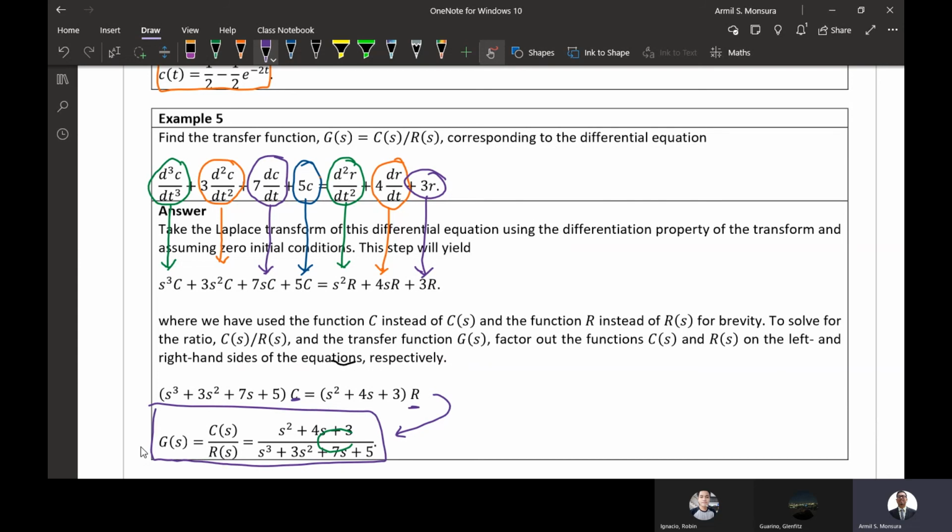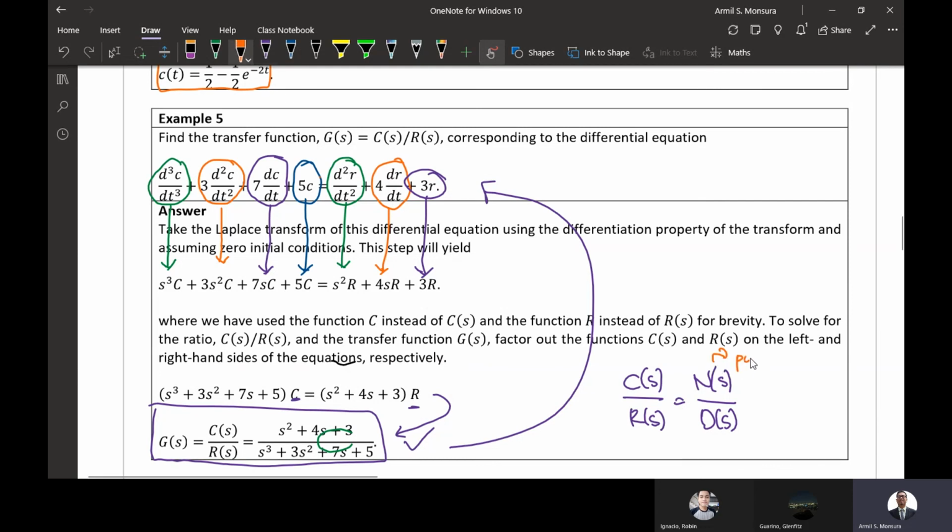But if you look carefully, you can get this by just mere observation of this one. Okay? If you remember, this is C of S over R of S. The numerator of your transfer function is actually a polynomial whose coefficients are B sub M up to B sub 0.